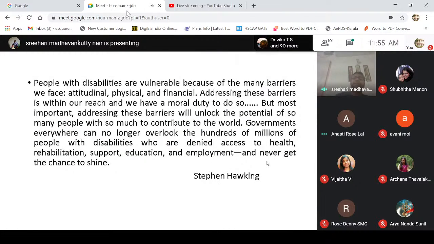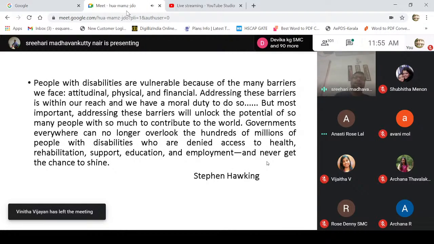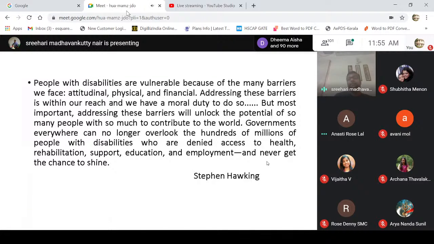When we talk about disability, I'm forced to remember the most successful person with disability, Stephen Hawking, who is something like a superhero.